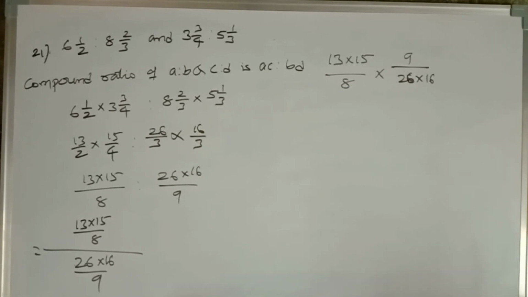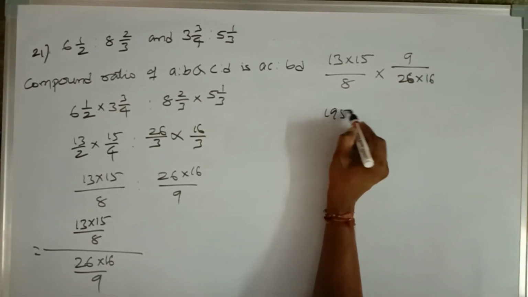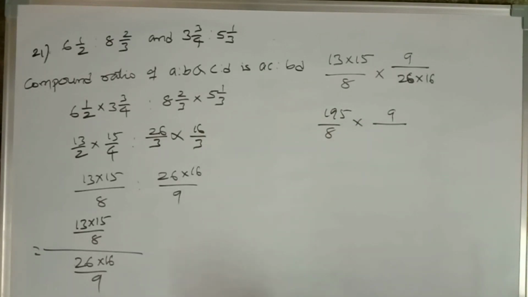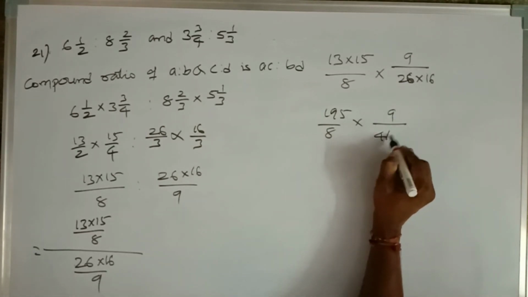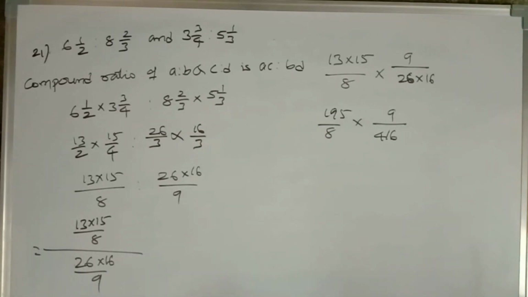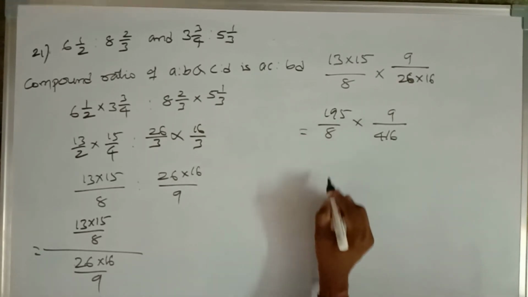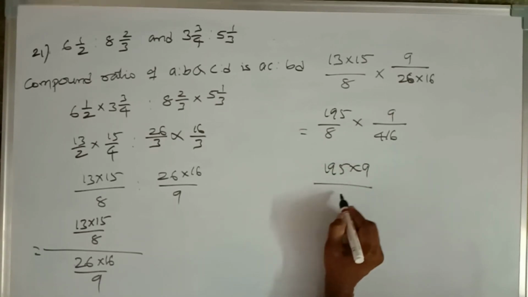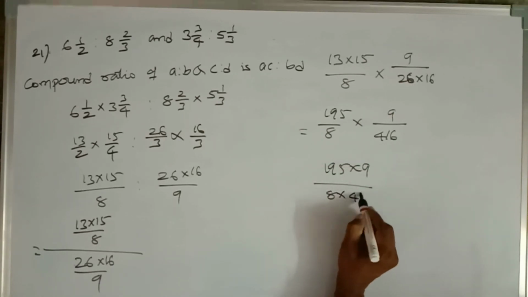Okay, 13 into 15 equal to 195/8 into 9/26 into 16 equal to 416. Okay, next that's equal to 195 into 9 by 8 into 416.